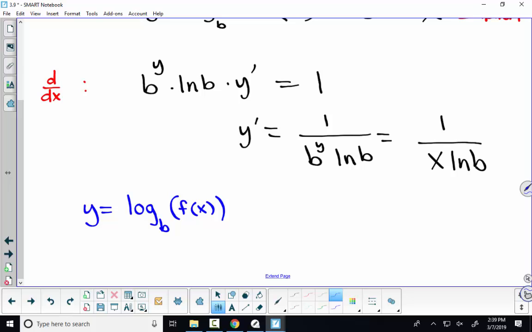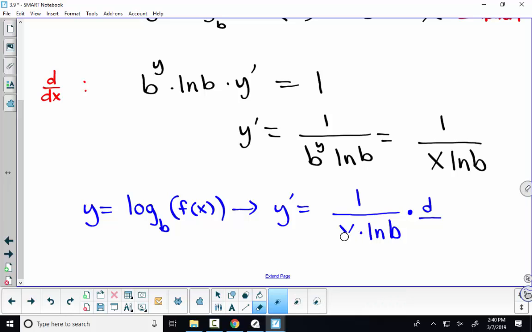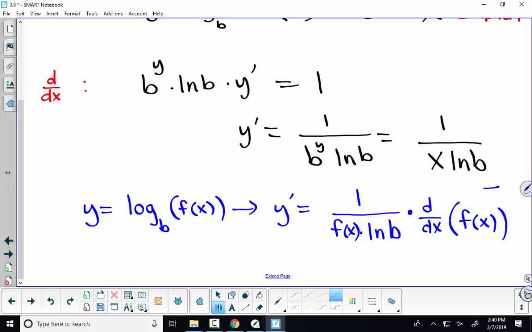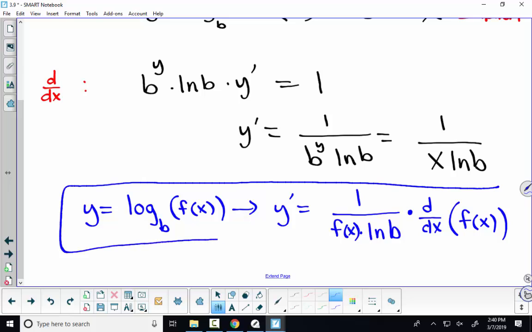So if y is the log base b of any function of x, the derivative is 1 over the argument times the natural log of the base, and then all of that multiplied by the derivative of f of x. So that's, again, in accordance with the chain rule.